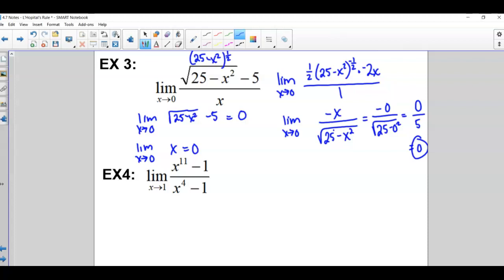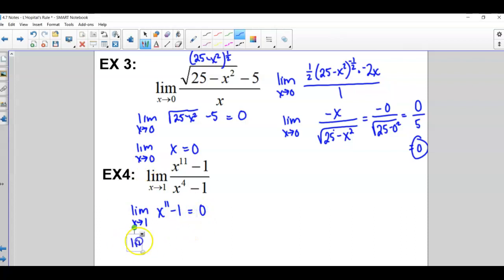Now, I don't necessarily think that is easier than rationalizing the numerator like we've been doing so far. Not necessarily too much harder to do either, but we could use this on this. So example 4 starts to get into where we really need to be able to use L'Hopital's rule, because if I do the limit as x approaches 1 of x to the 11th minus 1, I get 0.